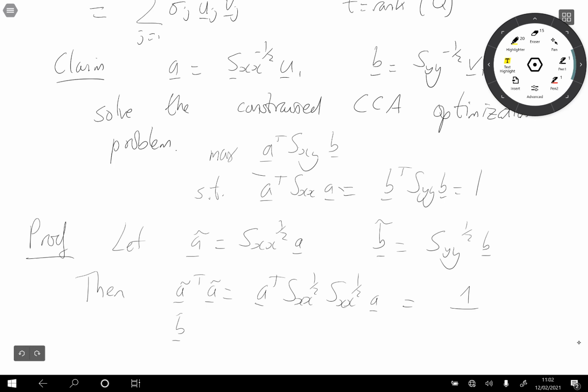Similarly, B tilde transposed B tilde equals 1.